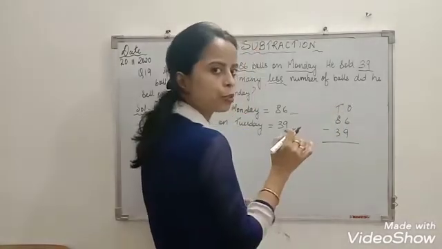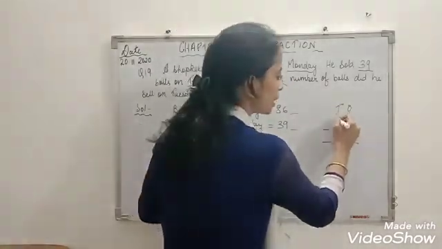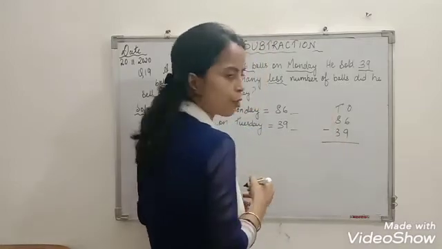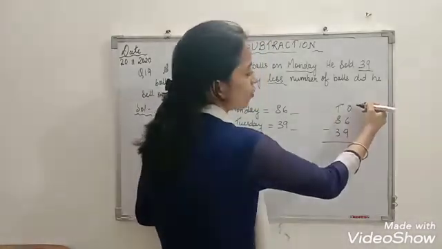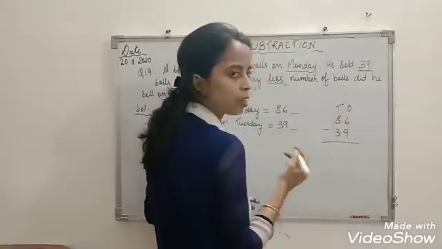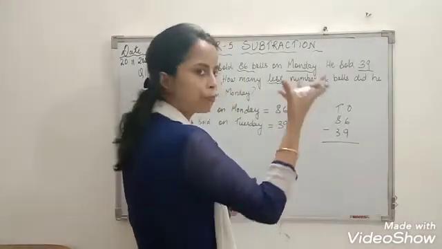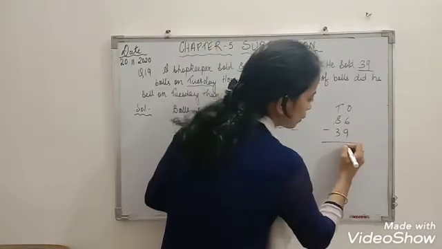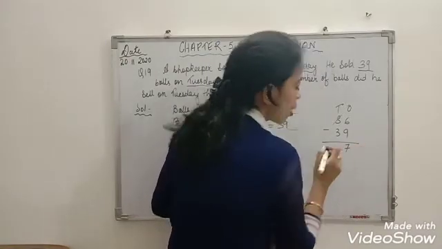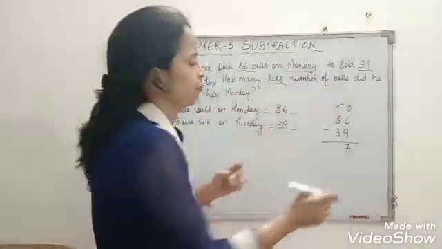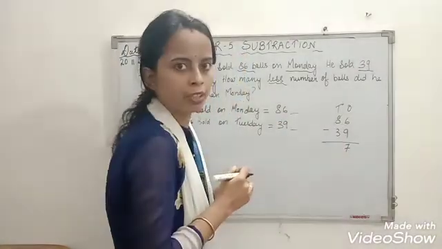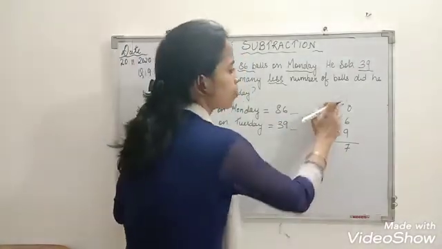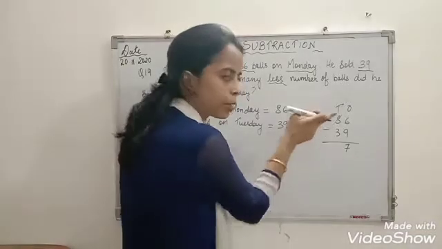No. So what do you have to do? You have to borrow from the tens place. We are going to borrow 10. When we borrow 10, 10 plus 6 becomes 16. Now the number becomes bigger. 16 minus 9, how much does it come, children? 7. From 16 you cut 9, it comes 7. Clear?